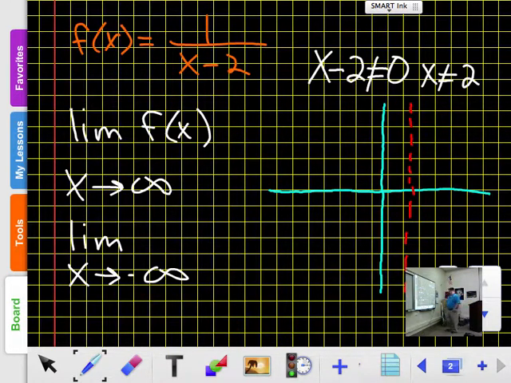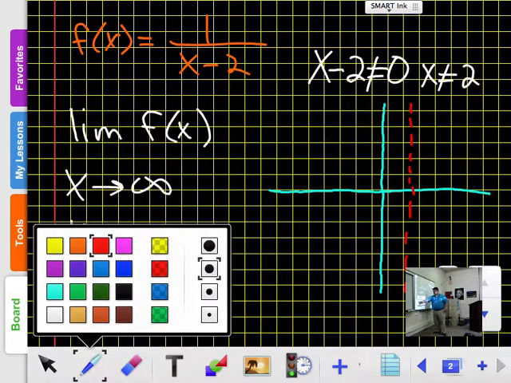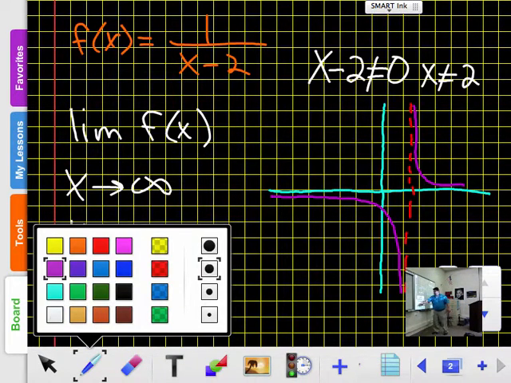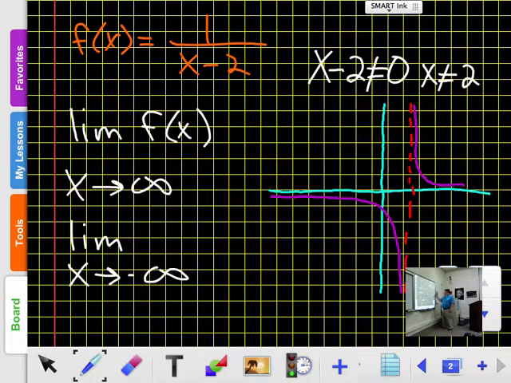So what it looks like graphically is a function that goes kind of like this. I'll explain why it behaves this way in a second. And so what we're looking at is, what does this thing look like as x approaches positive infinity, and as we approach negative infinity.